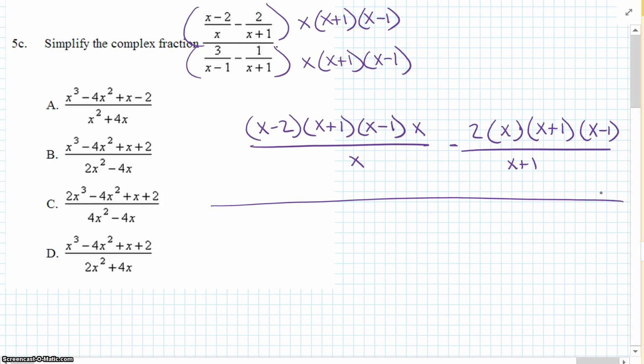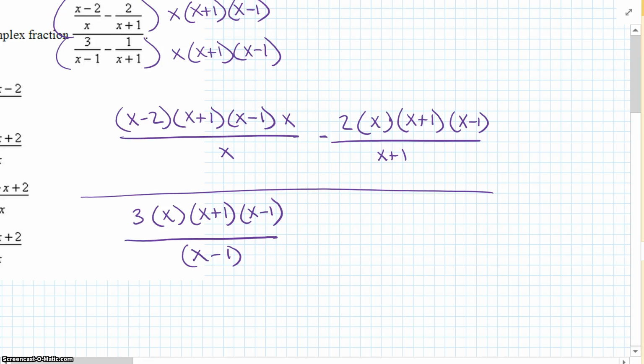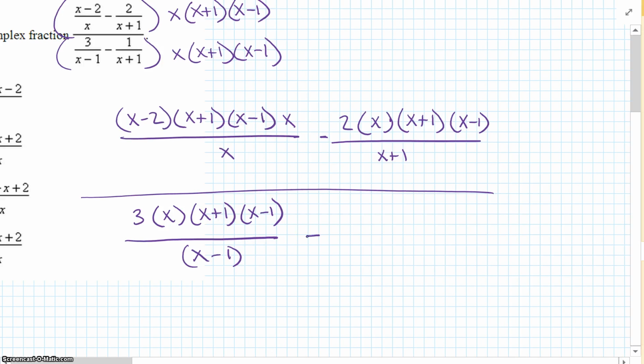The numerator is going to become 3 times x plus 1 times x minus 1 all over x minus 1. Okay, we're almost done. Minus 1 times x plus 1 times x minus 1 all over x plus 1.